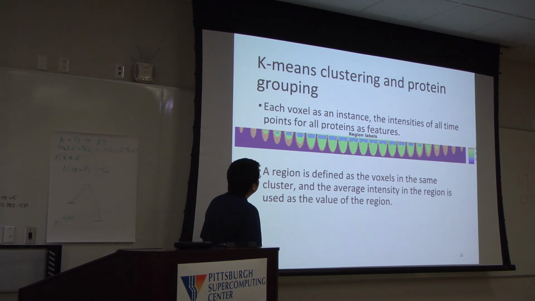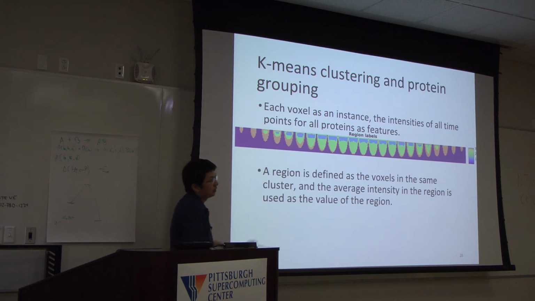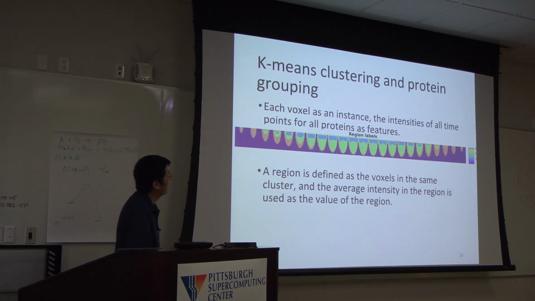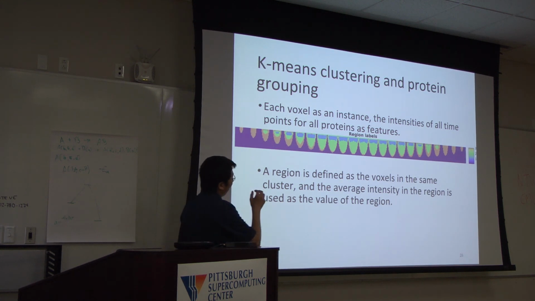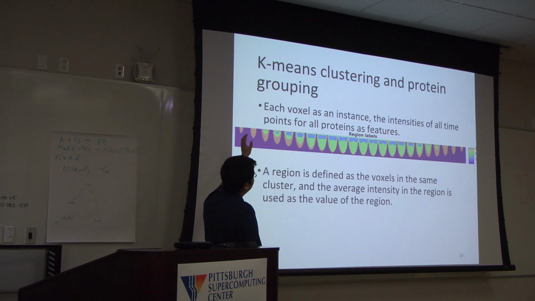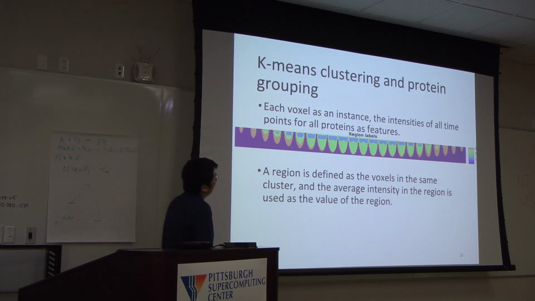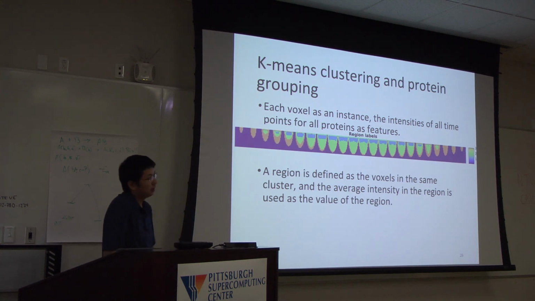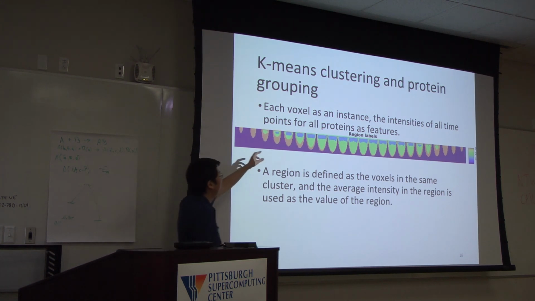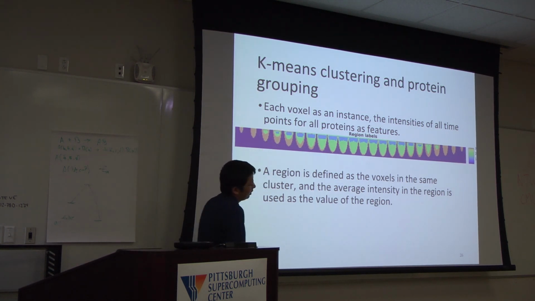So we treat each voxel as an instance and use the intensity for all proteins and all time points as the feature vector. Then we can use these features to perform k-means clustering. And we choose k equal to 3, and we define each cluster as a region.